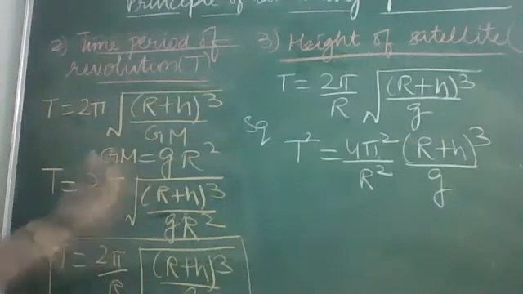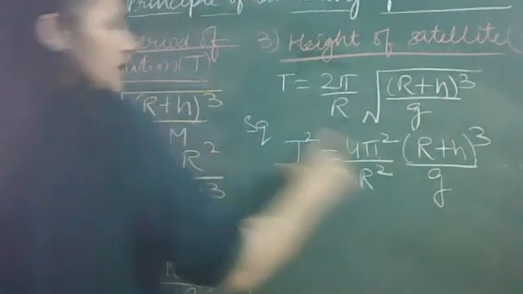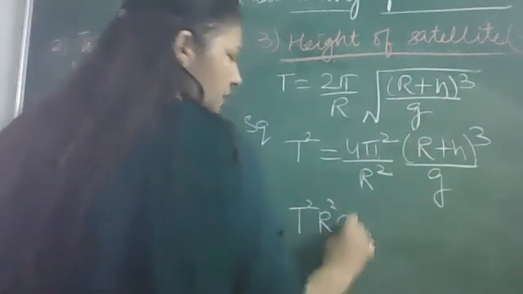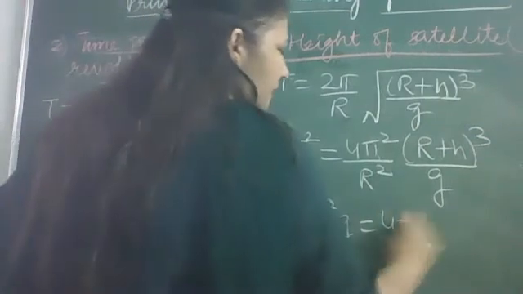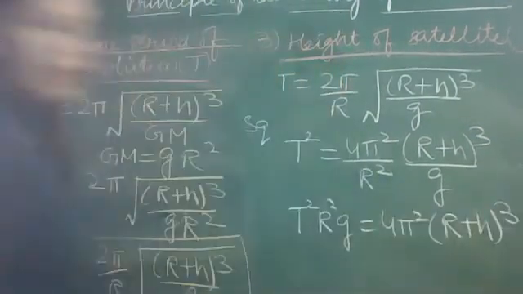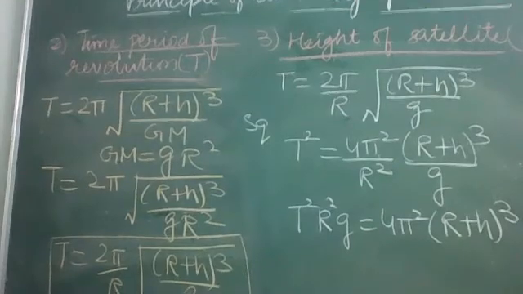I have just squared both sides. Cross multiplying, r square g goes that side. T square r square g is 4 pi square r plus h cube. I have just cross multiplied.